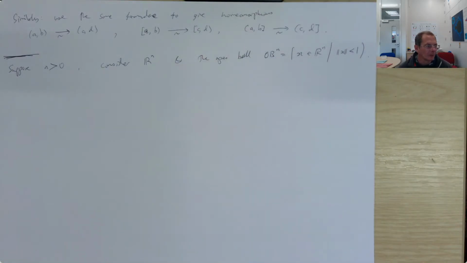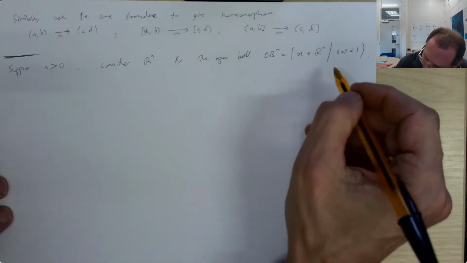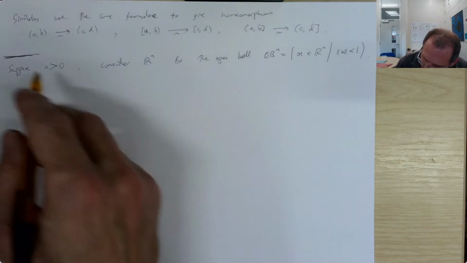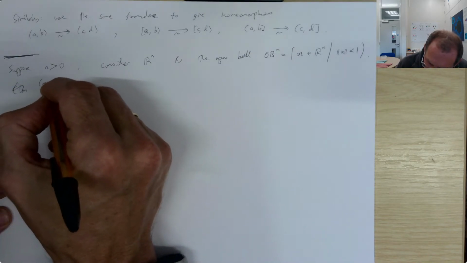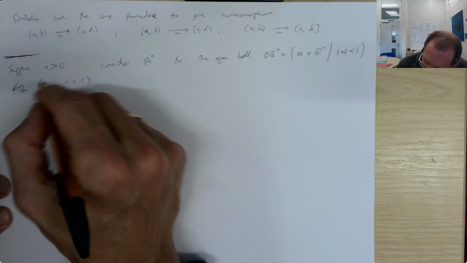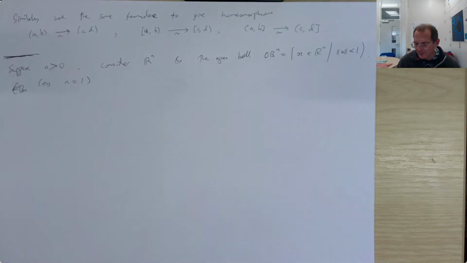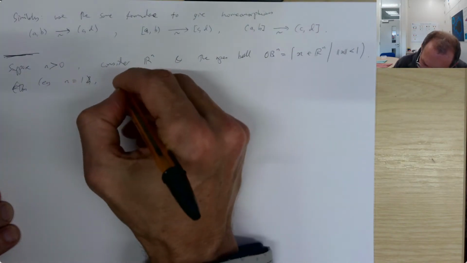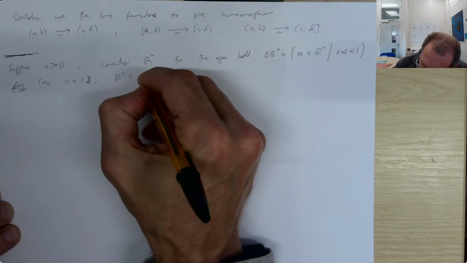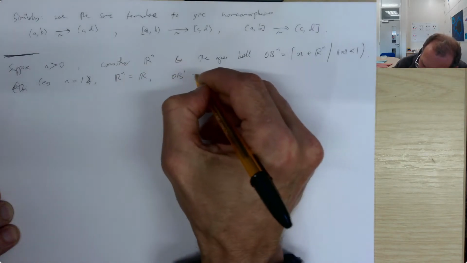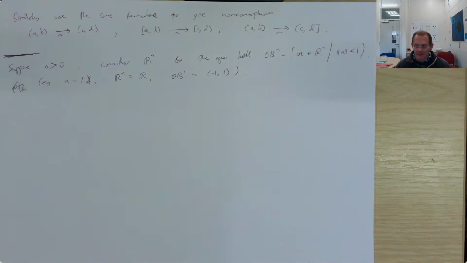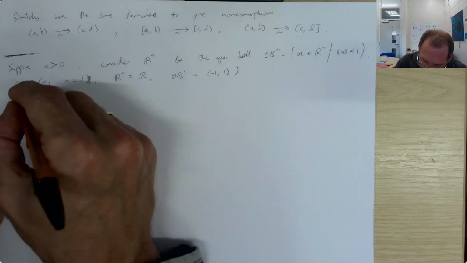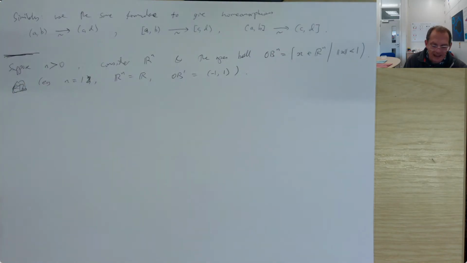This is your normal Euclidean norm, the square root of the sum of the squares. Okay. In particular, n could be 1, and in that case, Rn is just R, and OB1 is just the finite open interval like that. So we'll be interested in that special case, but we're going to do it for general n.